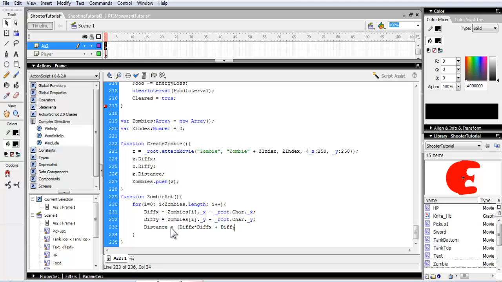This basically makes a virtual triangle, and we'll find the hypotenuse of the triangle, making the pathway to the player, if that made sense.